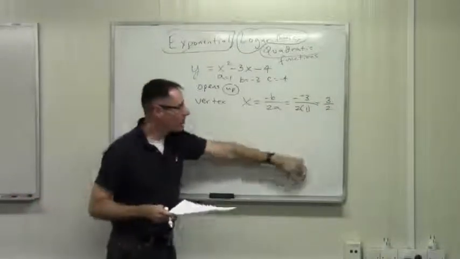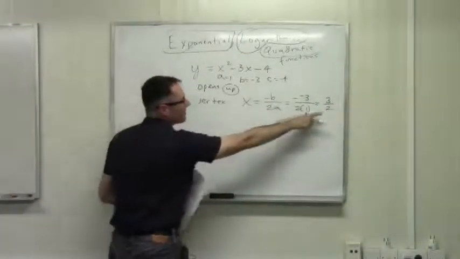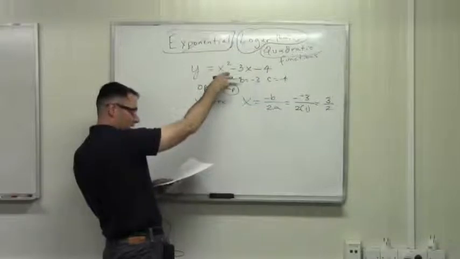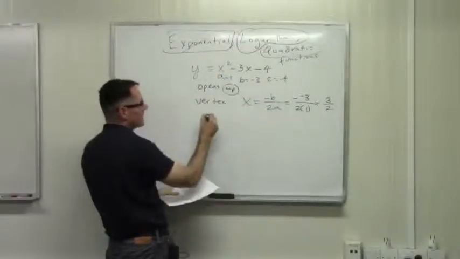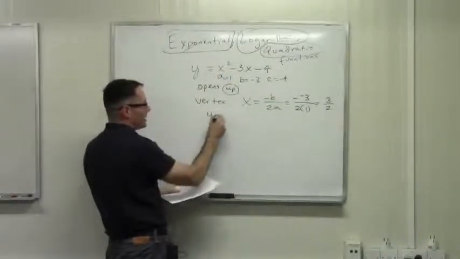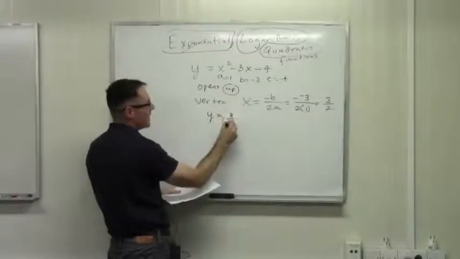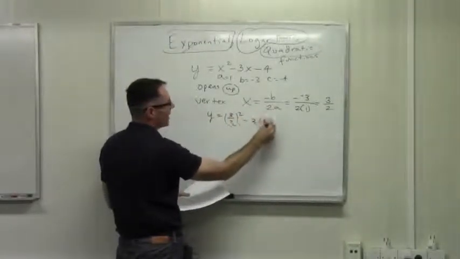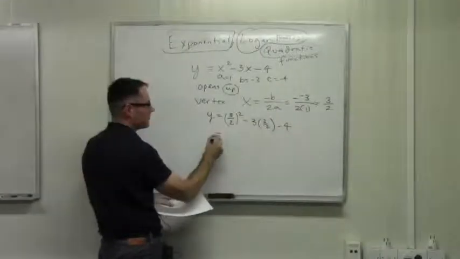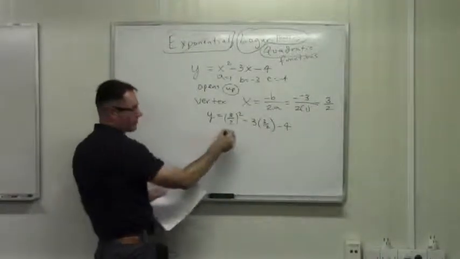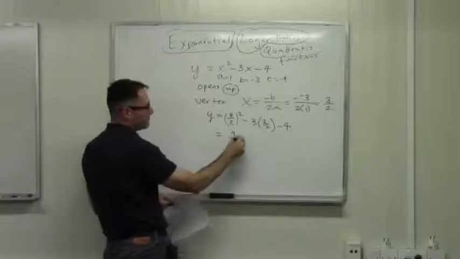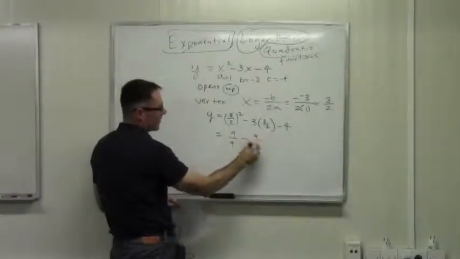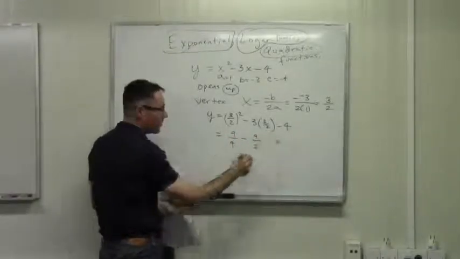To find the y-coordinate for the vertex, we have to plug 3 halves back into the equation up here. So we say y equals 3 halves squared minus 3 times 3 halves minus 4. And then you just have to crank through this. 9 fourths minus 9 halves minus 4.